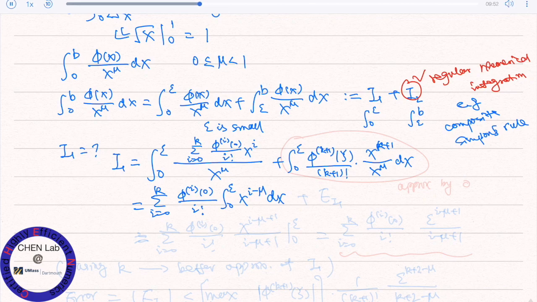So we're given a phi, we can evaluate its derivatives at 0, which we all know. For the second term, we don't know. We're going to denote that by some error, E I1. We're going to basically forget about it and treat it as 0, approximating by 0. So we're making an error, which is that term, which we'll estimate later.